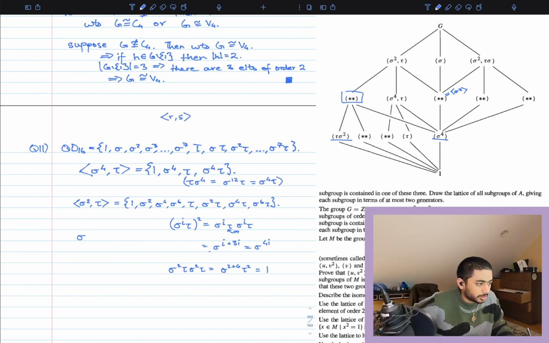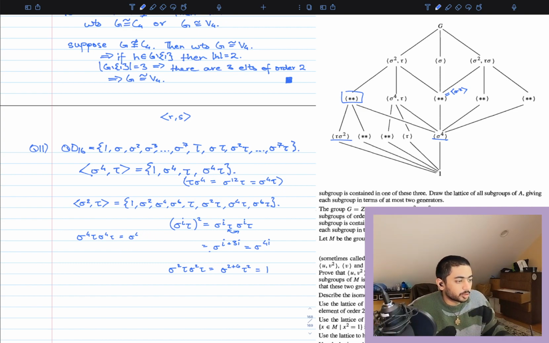And then similarly, sigma 4 tau is sigma 4 plus 12 tau squared, which is sigma to the 16, which is just 1 squared, and then tau squared, which is just 1. So even this is 1.